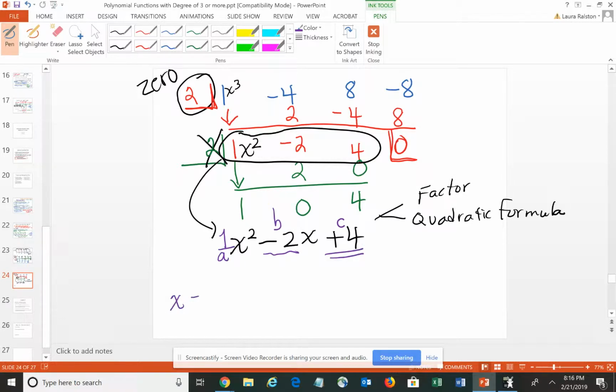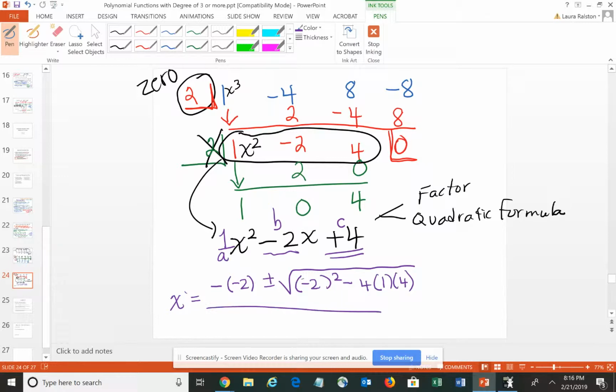So I have x equals the opposite of B plus or minus the square root of B squared minus 4AC all over 2A, which gives me 4 plus or minus the square root of 4 minus 16 all over 2. That's 4 plus or minus the square root of -12 over 2.